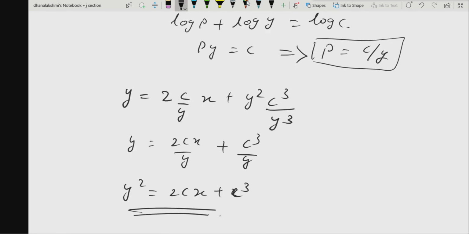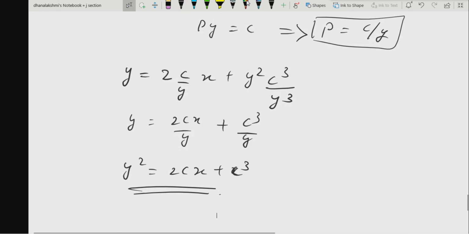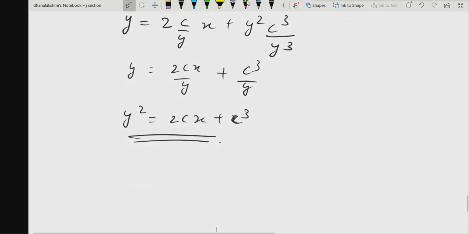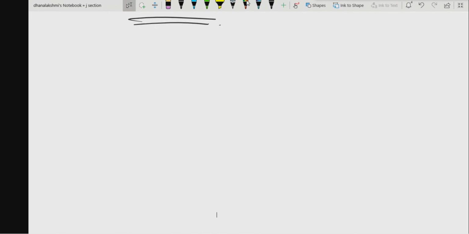Yes, ma'am. Okay. Now let's move to the next topic, which is the last topic of your first unit, Clairaut's form, Clairaut's equation. So first let us see how the Clairaut's equation looks.